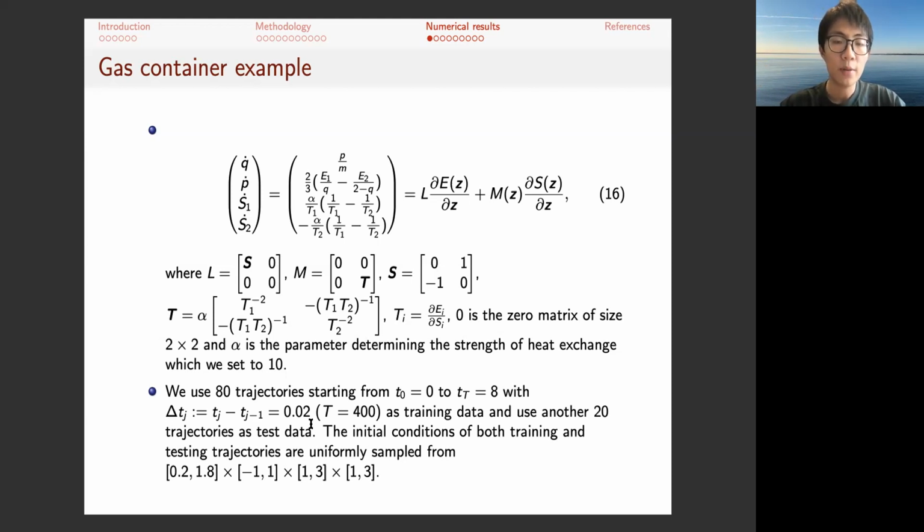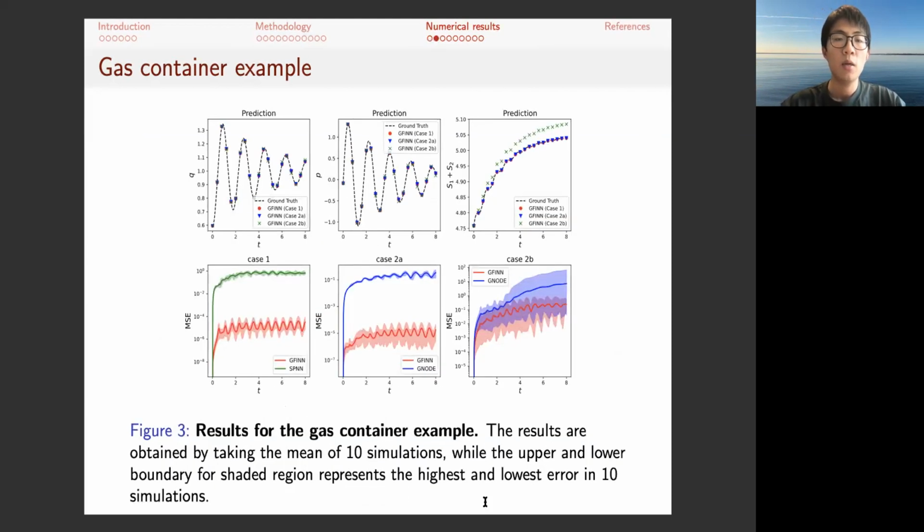We compare our method with the structure-preserving neural network, which uses a soft constraint, in case 1, where we assume that L and M are known, and we compare our method with the generic neural ODE in case 2A and case 2B, where case 2A is that we know the energy and entropy, and case 2B is that we don't know energy and entropy.